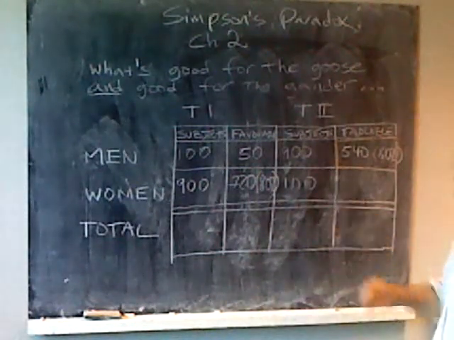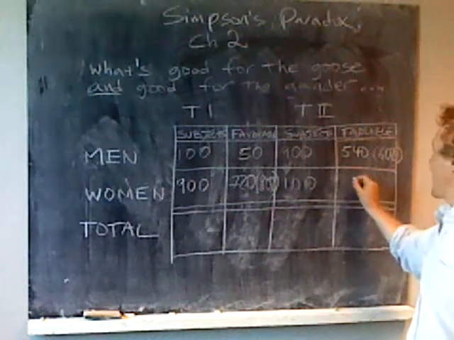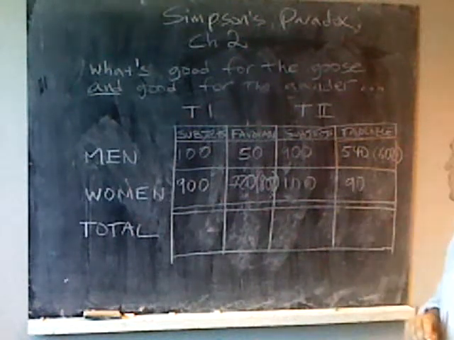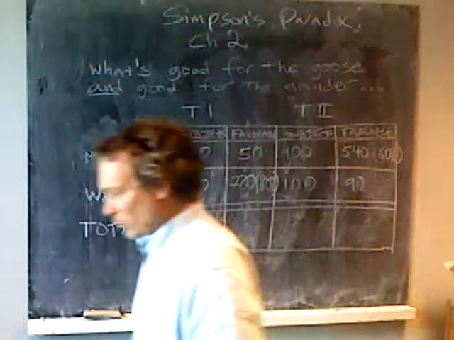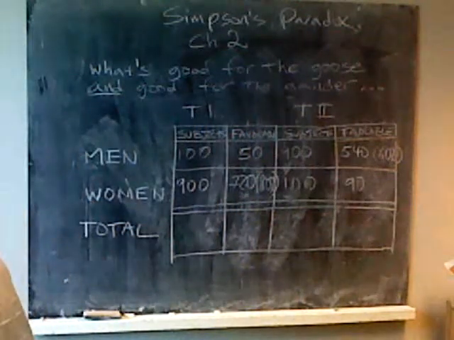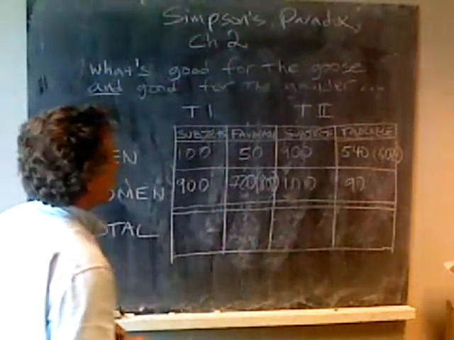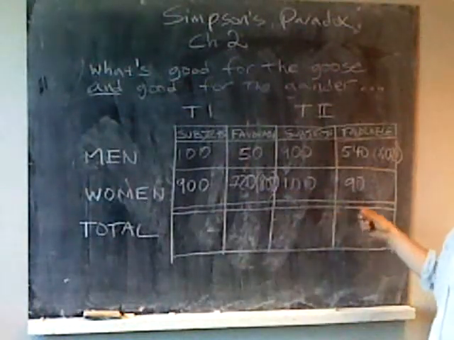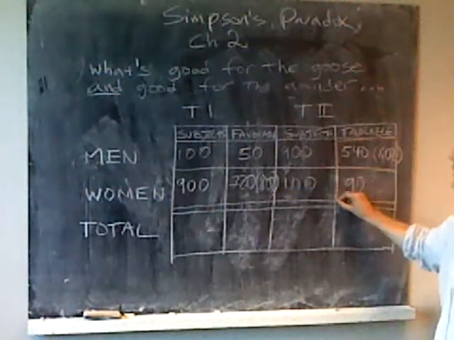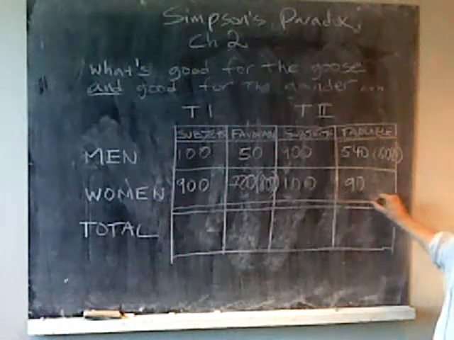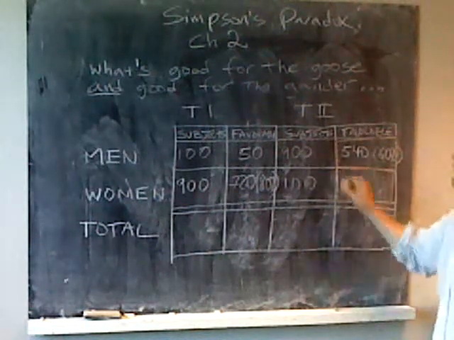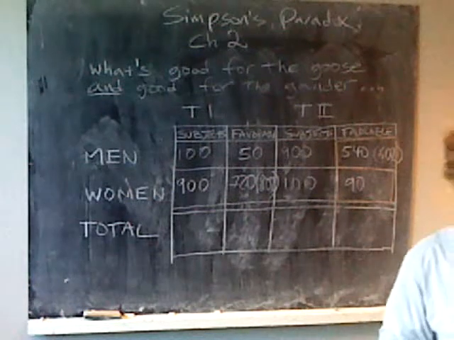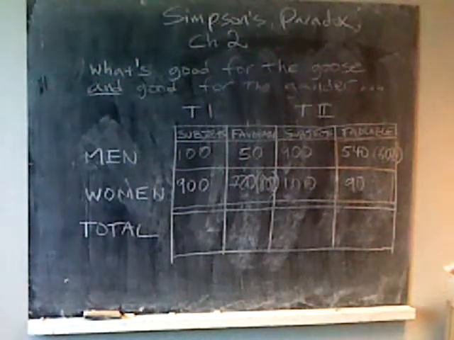And of the women who took treatment 2, 90 of them responded favorably, which is obviously a 90% favorable response rate. Okay? So far, so good. So again, the women, 90 is better than 80, seem to do better with treatment 2. So both the men and the women do better with treatment 2.